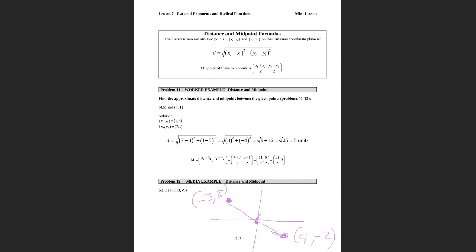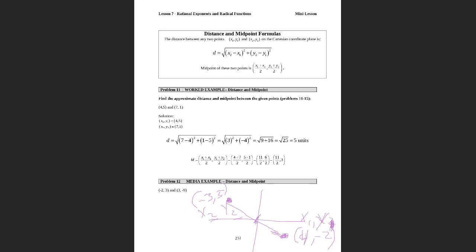Just like finding the slope, I could decide that this is my x1, y1, because this is my x, this is my y. Then x2, y2. x and y must go together.